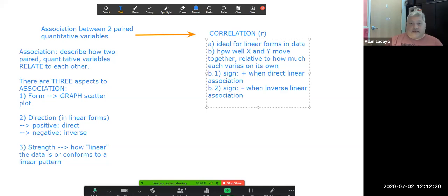In addition to that, it'll have a magnitude between -1 and +1 in value, inclusive. So a correlation coefficient will always be a number between -1 and +1.